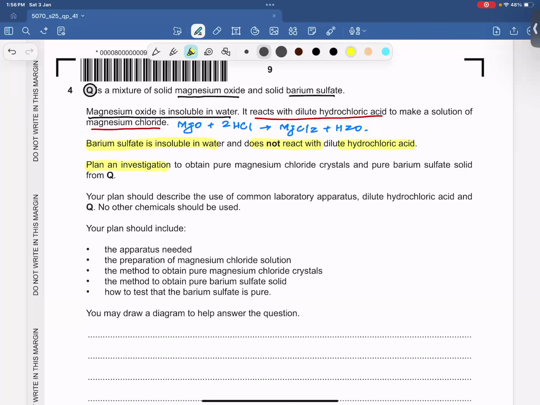Plan an investigation to obtain pure magnesium chloride crystals and pure barium sulfate solid from Q. So this is the soluble part. Obviously it is going to be the filtrate.